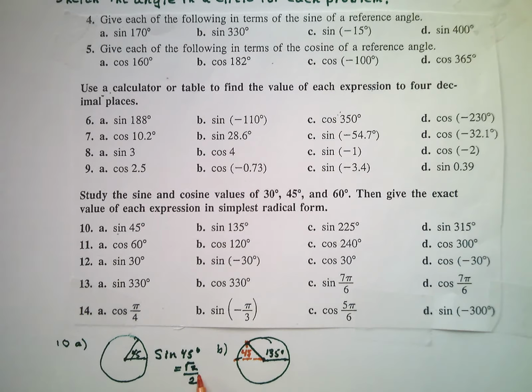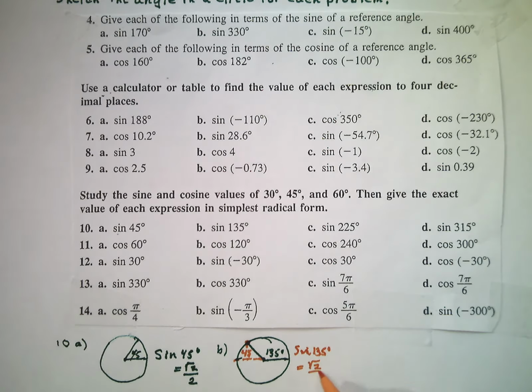So our reference angle's sine value was square root of 2 over 2. That means the sine of 135 has got to be square root of 2 over 2. We just have to decide in this location right here, this terminal ray, is the sine value positive or negative? It's up above the origin, so the sine value for 135 is going to have to equal positive square root of 2 over 2.